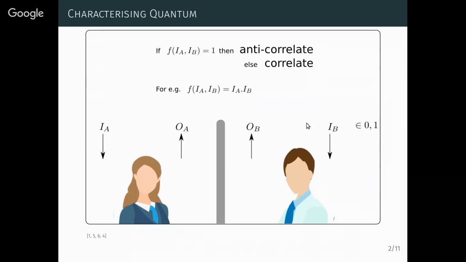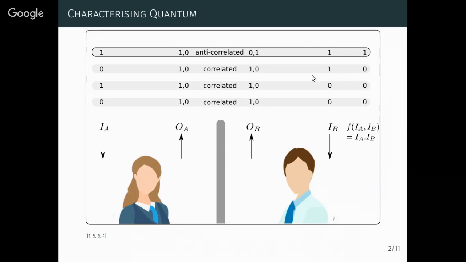So obviously there'll be only one situation when this function will return a one, which is when both Alice's and Bob's inputs are one. Then the answer is one. In all other cases, the answer is zero. So the outputs are supposed to be anti-correlated only in one case, and in all other cases, they're supposed to be correlated.